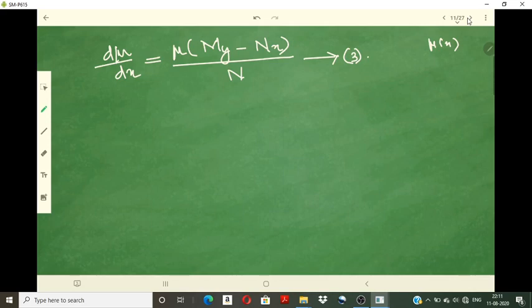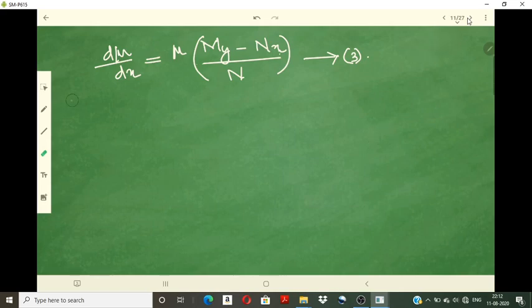Now suppose this μ is a function of x alone, that we know, and this equation, that means μ into this function (M_y minus N_x)/N, is now an ODE, and we can solve this, and solving this we will get the solution μ of x.